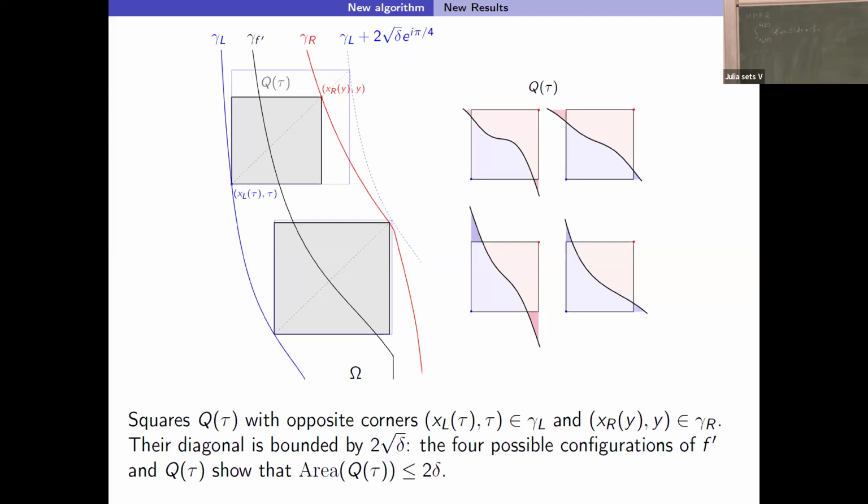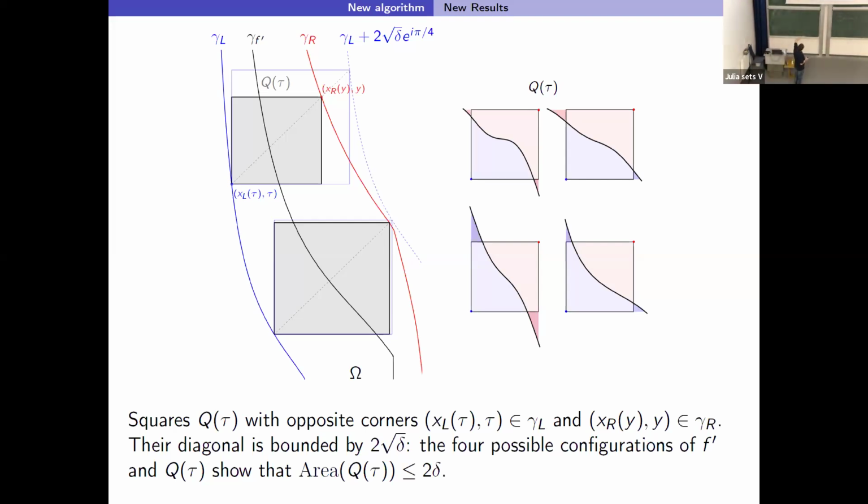And no matter what the configuration is, I mean, there are only 4 configurations compared to the other 2 corners of the square, the area of this square going from one curve to the other is at most 2 delta. So now I have a bound on the diagonal, which, if my powers of 2 are correct, is 2 square root of delta. And we are very close, because this is a little bit what we are searching for.